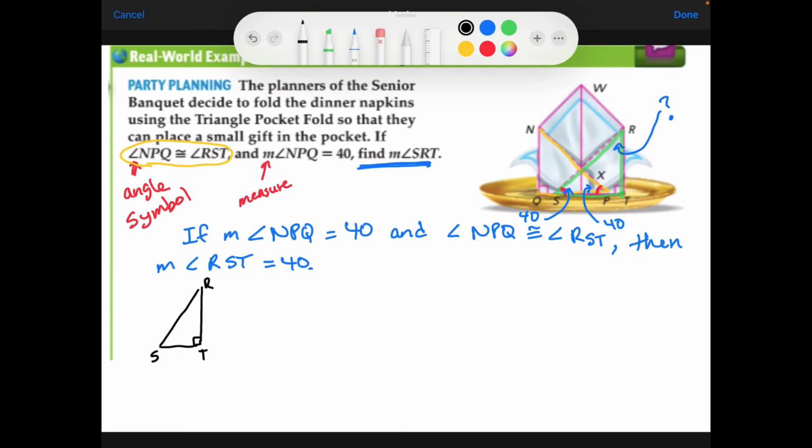There's a little box right there. We just said that the measure of this angle is 40. We know that this box means 90. And we know that all angles inside of a triangle have to add up to 180. We are looking for this top angle.